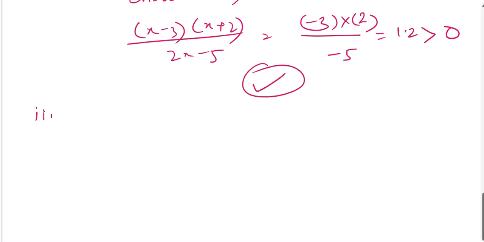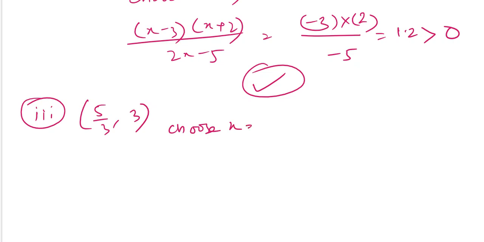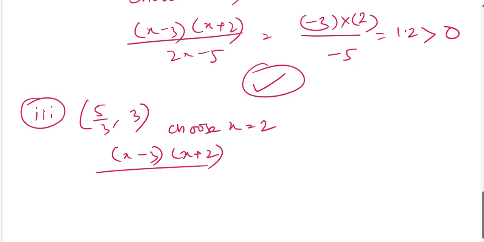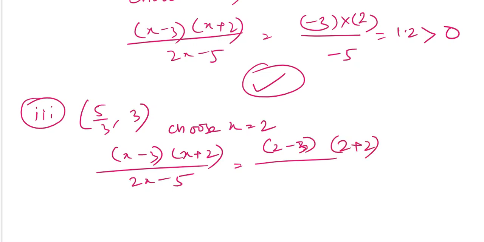And the third interval is 5 by 2 comma 3. Choose x equals 2. Then x minus 3 into x plus 2 divided by 2x minus 5: 2 minus 3, 2 plus 2, divided by 2 into 2 minus 5.